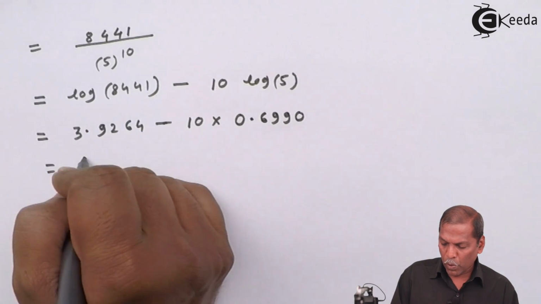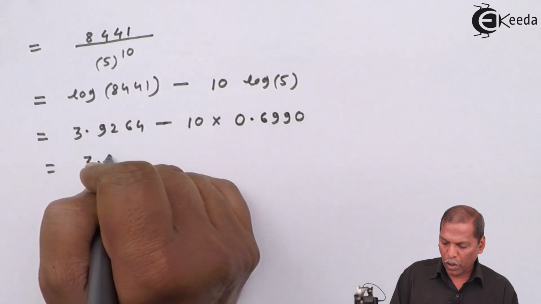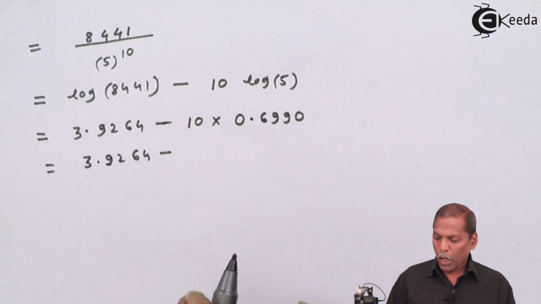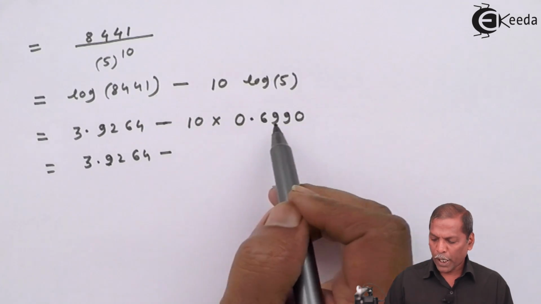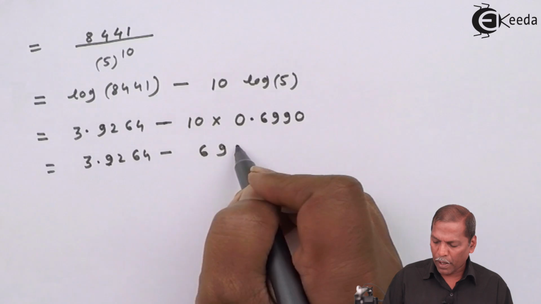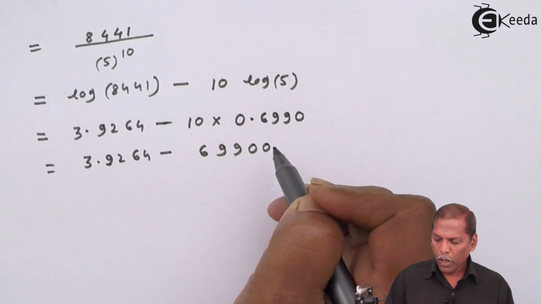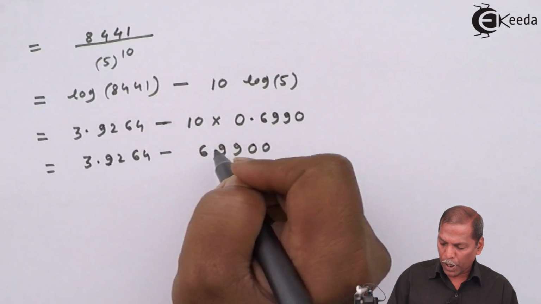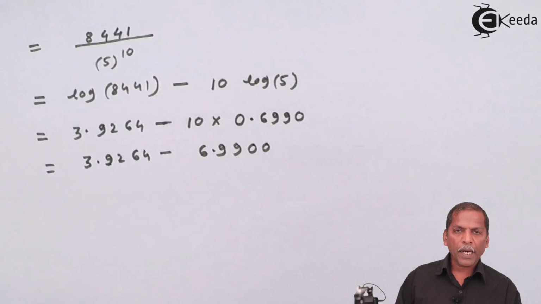So that is equal to 3.9264 minus. Now 6990 multiplied by 10 gives 69900. And then we have to put the decimal after 4 digits. So the required answer is 6.9900.